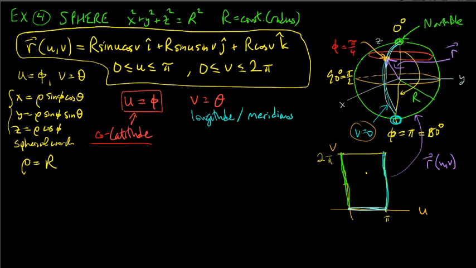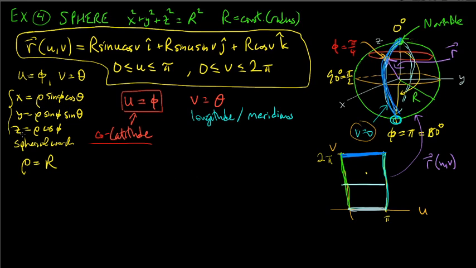And if you want to go halfway around to the other side of the sphere, that would be this line here. And what's this line where v is equal to 2 pi? Well, you're just back around to the same prime meridian again. So both this dark blue line and this light blue line down here correspond to the same points on the sphere.